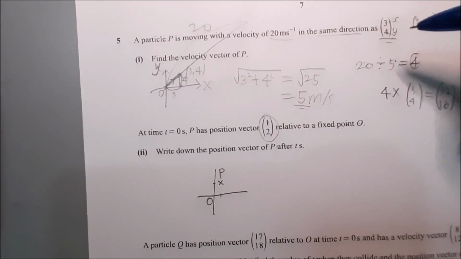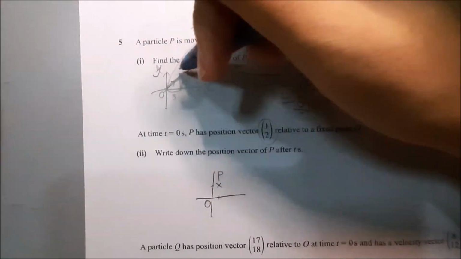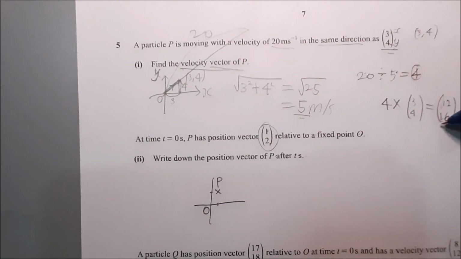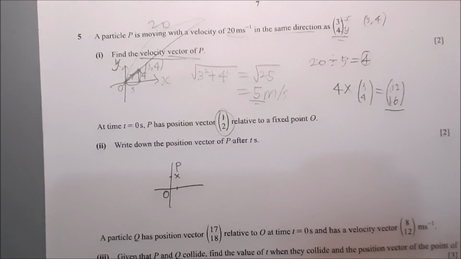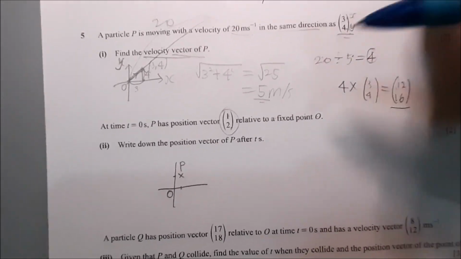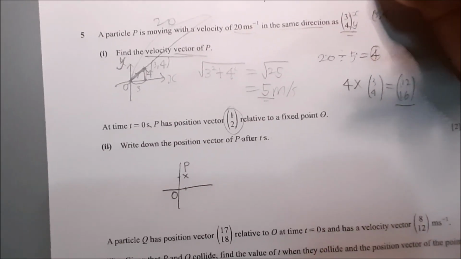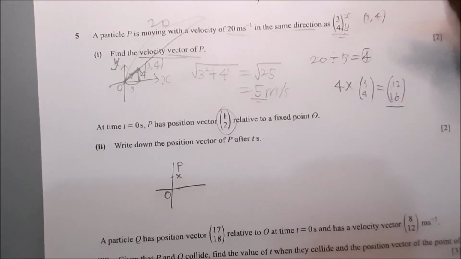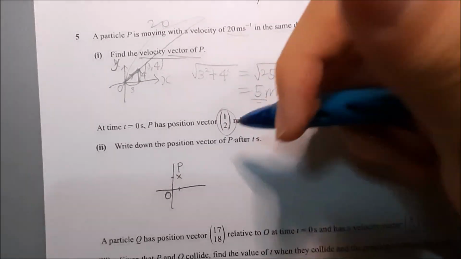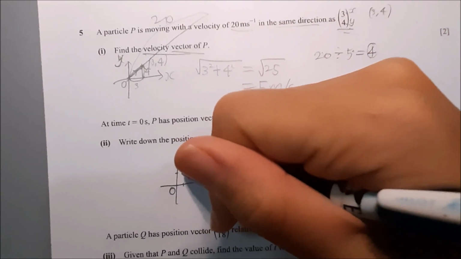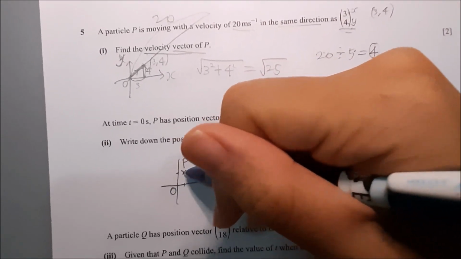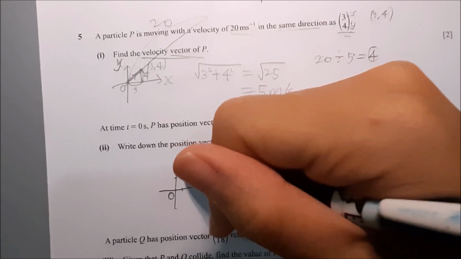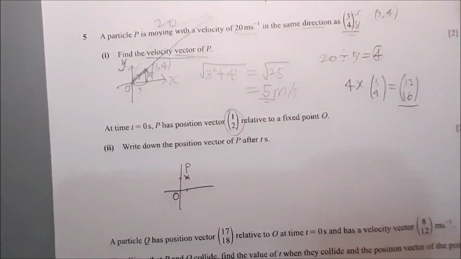So we already got the velocity vector of P, which is 12, 16. So from here we can just add them together. Basically at time t equals 0 the particle is already at this position, so it starts from here.